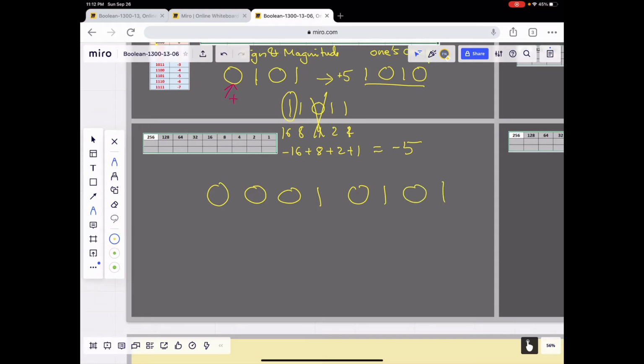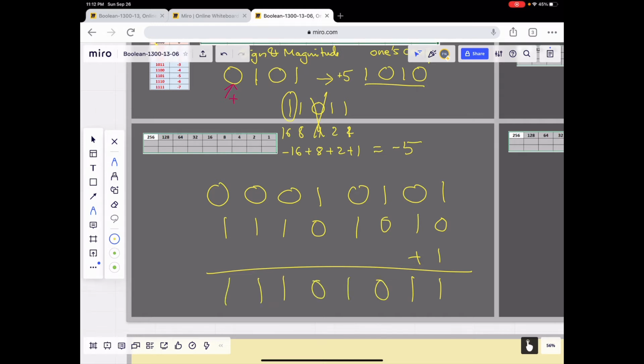If I have this number and I want to do the twos complement, what should I do first? I have to flip each 0 to 1 and each 1 to 0. So flipped it is 1110 1010. And the second step is you add 1 to that number. So you get 1110 1011. Okay, so that is the way you do the twos complement of a given binary number.